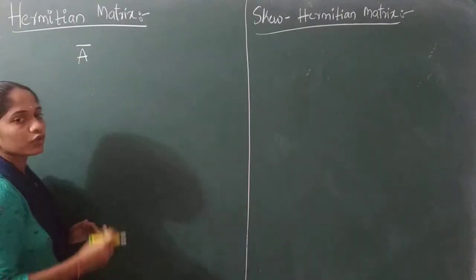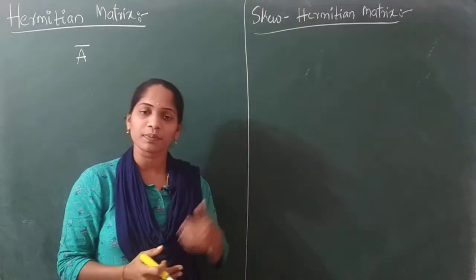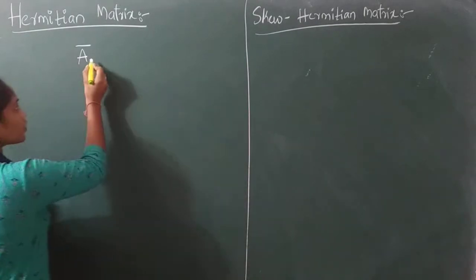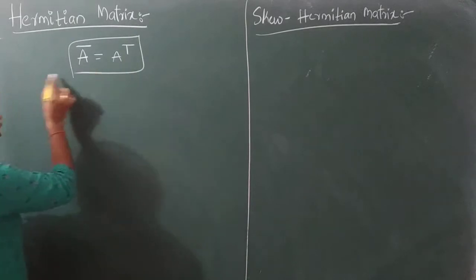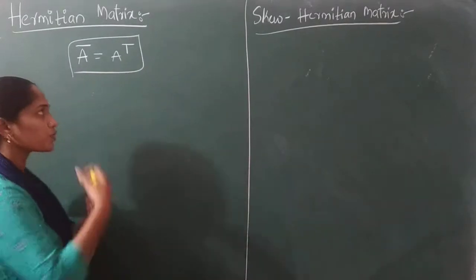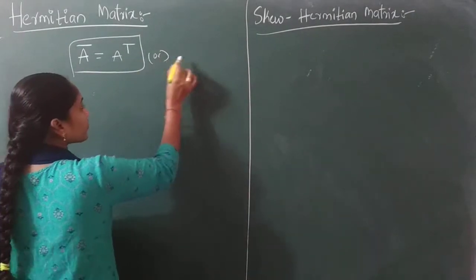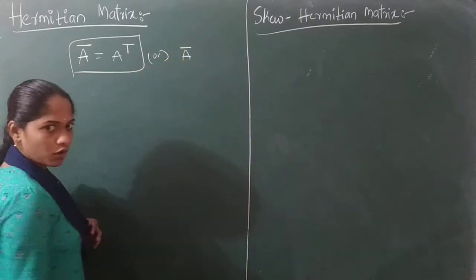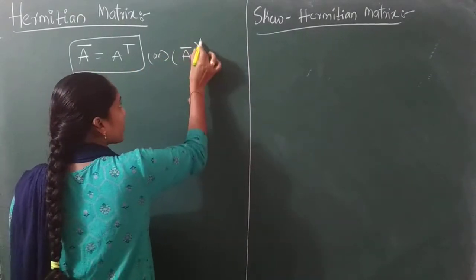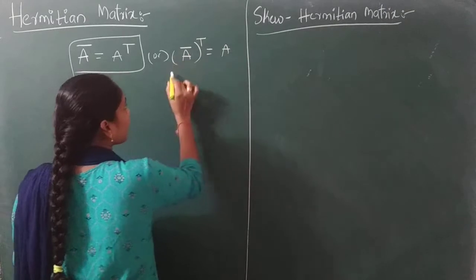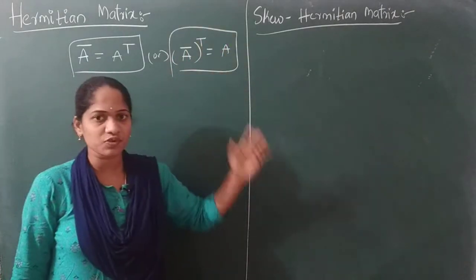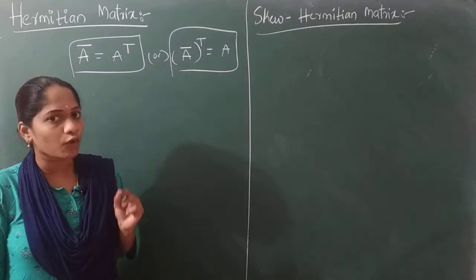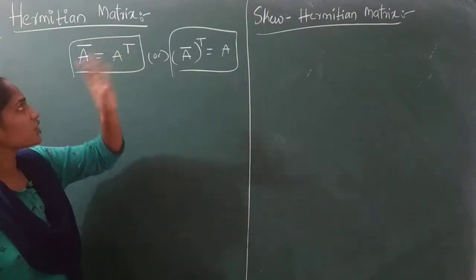If you want to know about the conjugate, please watch my previous lectures. Then A conjugate is equal to A transpose, or else A conjugate transpose is equal to A. If any one of these conditions is satisfied, then that square matrix of order n is said to be a Hermitian matrix.